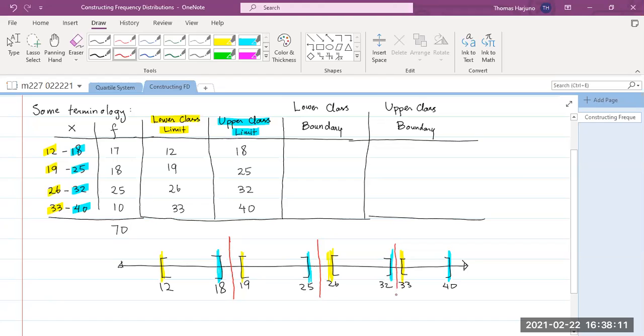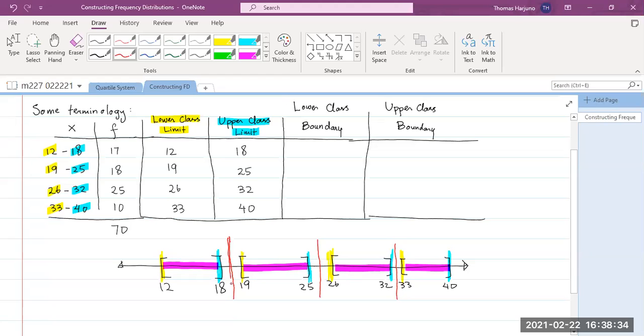Now imagine you live with your neighbors, and let's say these are your houses. But most of the time, your house and your neighbor's house are not adjacent, not stuck together. There's some gap in between, right? Then in statistics, what is the fence?